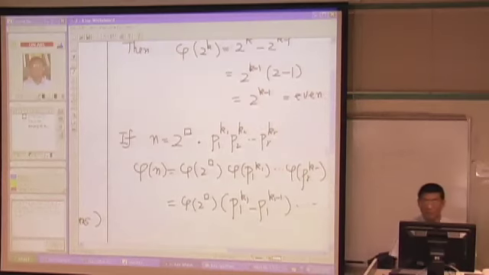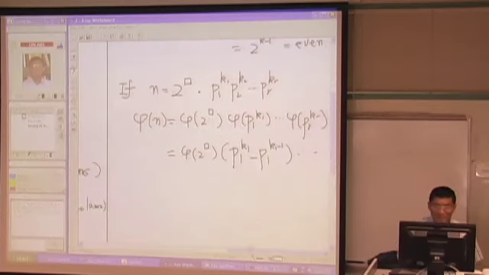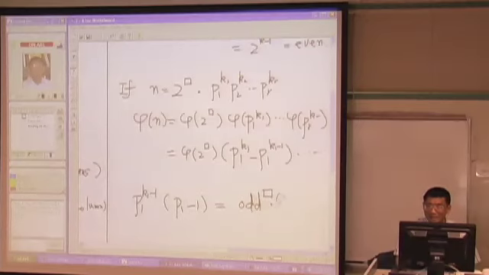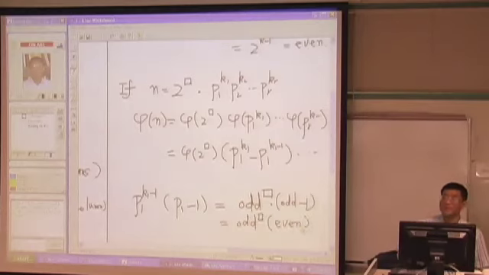Then by this, this factor becomes p1^(k1 minus 1) times (p1 minus 1). And this is odd to the power of some number multiplied by odd minus 1, then even, right? Odd to the power of something, and then even. So even is found.